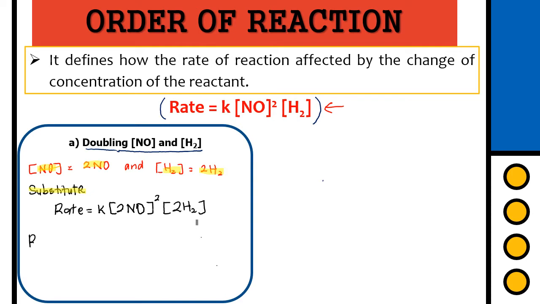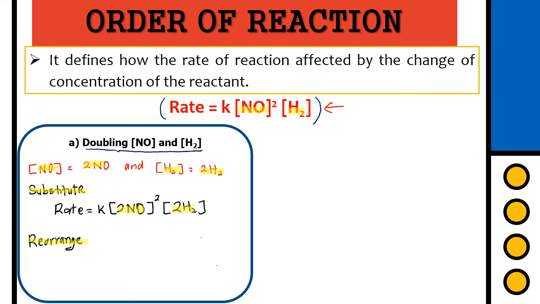For rearranging, we need to make sure that we get the same rate law as the one we have here. Meaning our rate must be in terms of concentration of NO and concentration of H2 only. But right now we have inside our concentration 2NO and 2H2, and we don't want it to be like that.